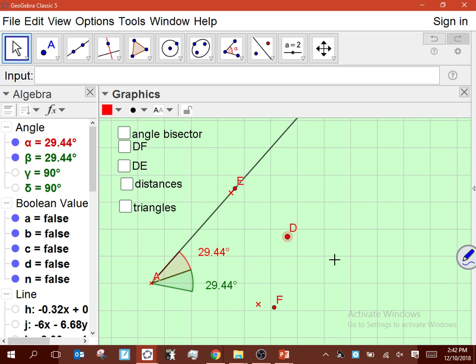I have to use what kind of segments? What's the relationship between the segment D to that line? It has to be perpendicular. So that distance right there is the distance from D to that ray. But that ray is a side of our angle, right?